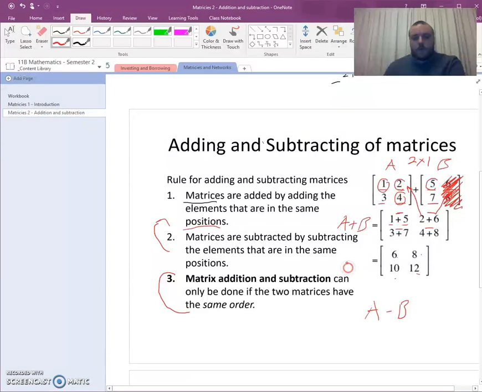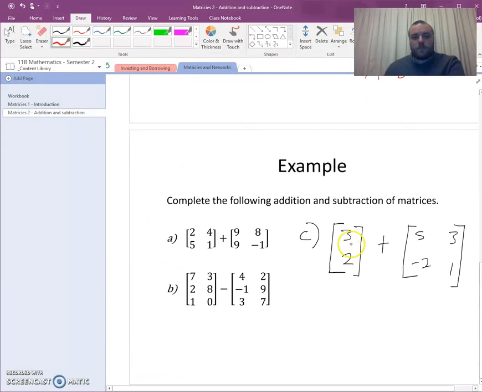All right, a couple of quick examples. So we have question A. This matrix here is 2, 4, 5, and 1. It's a 2 by 2. This one here is a 2 by 2. We've checked the order is the same, so we can actually add these together. I'll do the solution just down here.